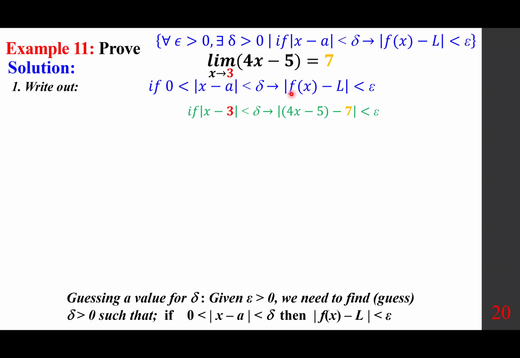And you are going to replace f of x with 4x minus 5 and the limit with 7. So first we do the writing. So we follow this, we do the writing. And now we start from this and we work our way to find a relationship between the two. That's all we have to do, to find, for the first part, the relationship between epsilon and delta.